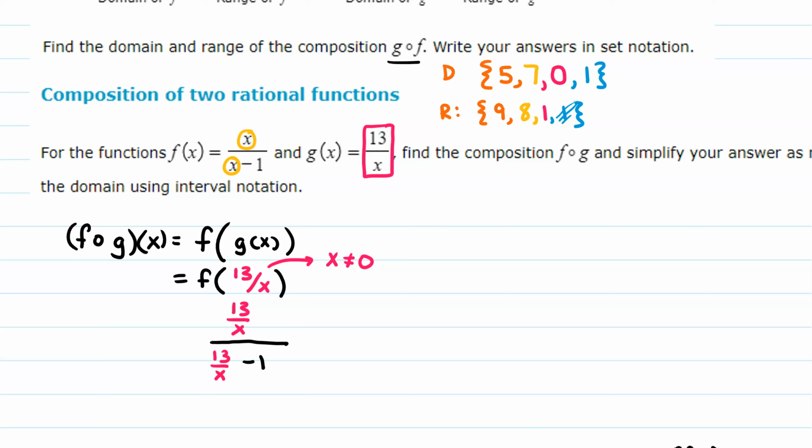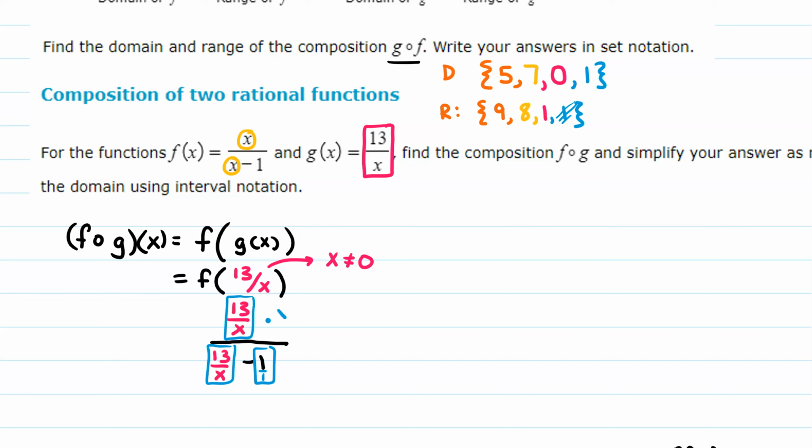So now let's simplify our rational function. So here I've got 3 little baby fractions in my fraction. This guy's technically 1 over 1 if you want to see him as a fraction. So now the LCD for all of those is x.